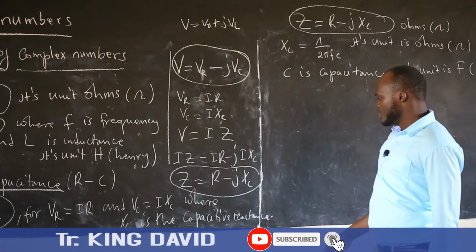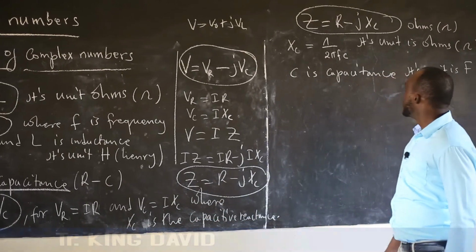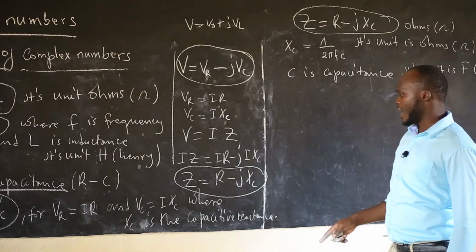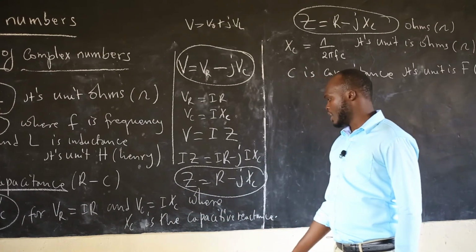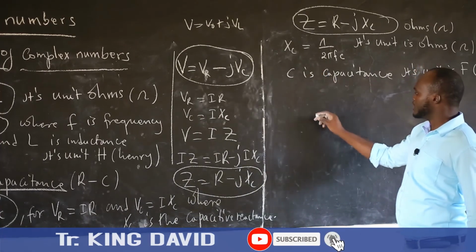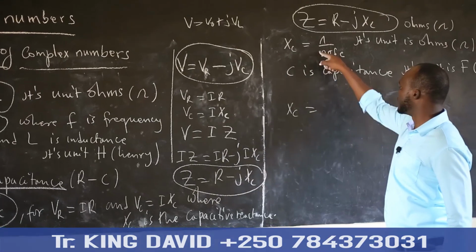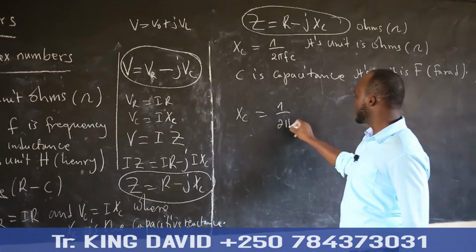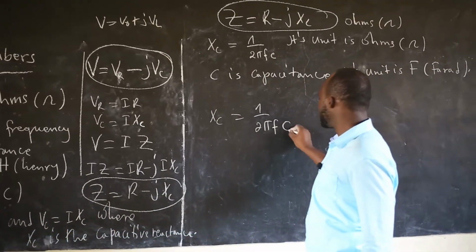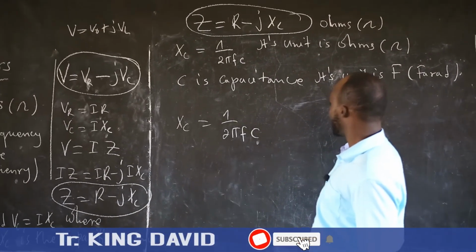What is the unit of XC, the capacitive reactance? XC is 1 over 2 pi times frequency times C, where C is the capacitance.